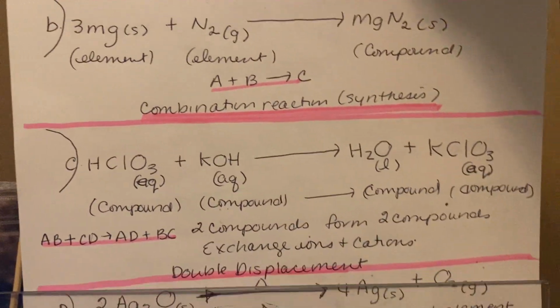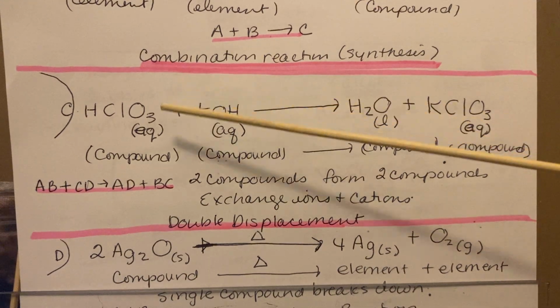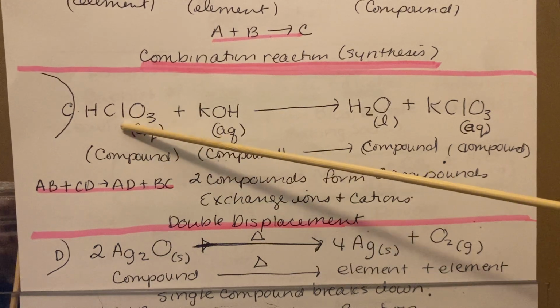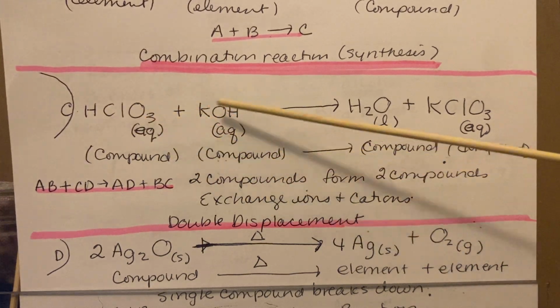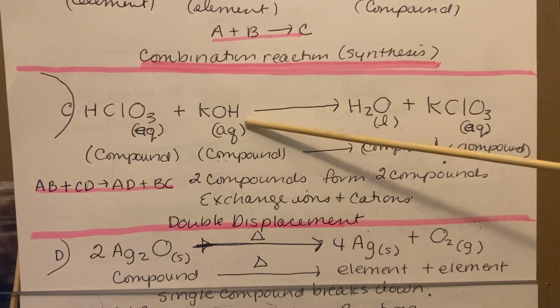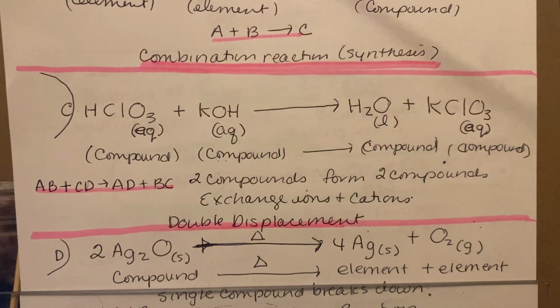Okay, next one, C here. We have a compound, hydrogen chloride, and another compound, potassium hydroxide, and on the other side water, H2O, and potassium chloride.